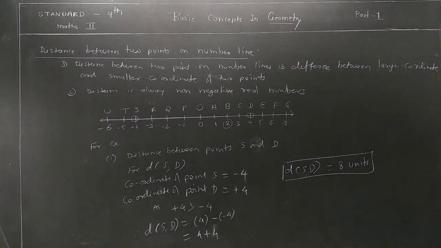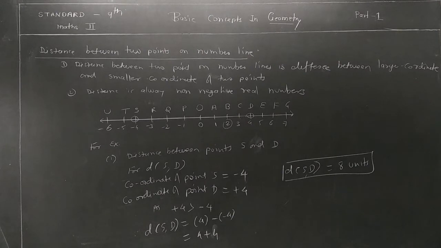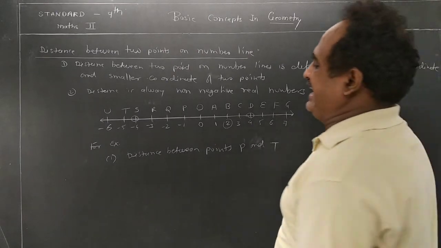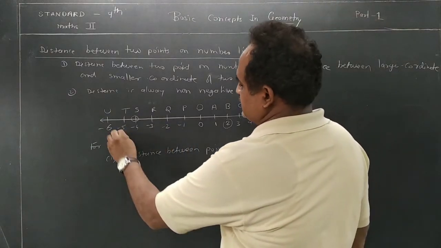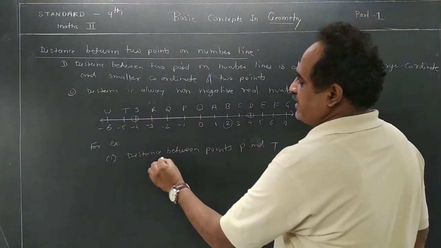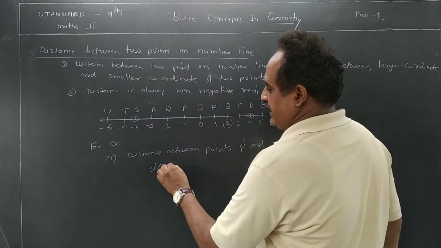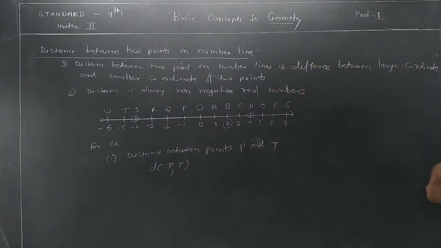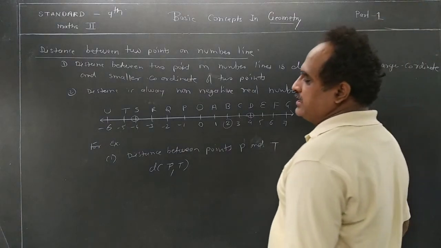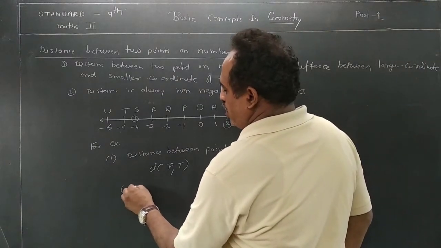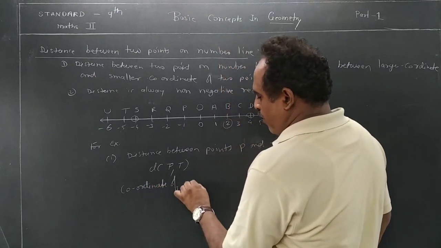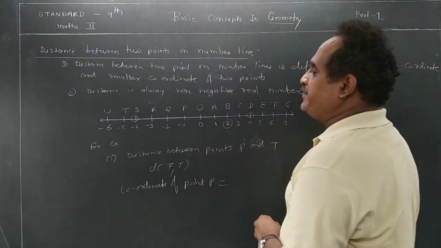I'll go for one more example. Distance between point P and T. This is P, this is T. Is it right? We have to find distance PT. So what you are going to do is, coordinate of point P. What is it?